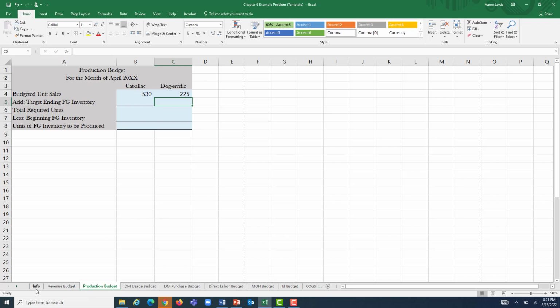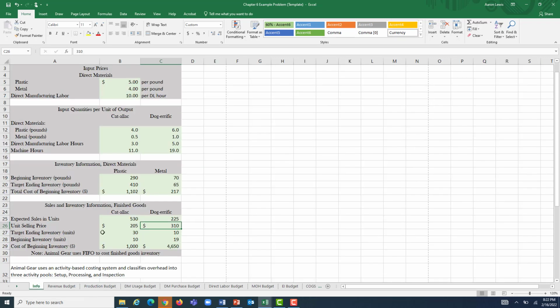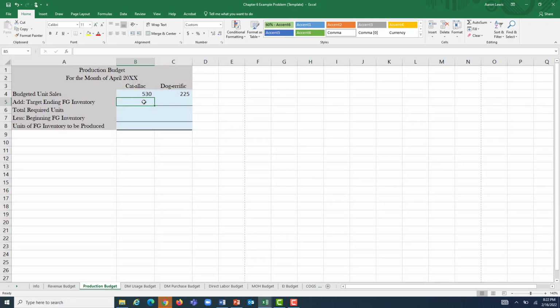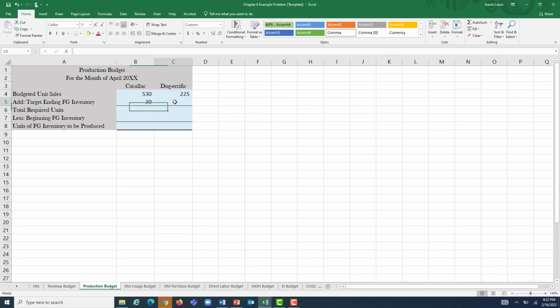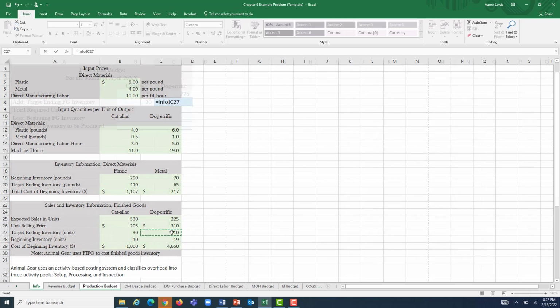And what is that little bit extra? Well, Animal Gear is saying at the end of the period, they also want to have 30 Cadillacs that are finished in inventory and 10 Doggerifics. So let me bring those numbers on over to my budget. We've got 30 Cadillacs and we've got 10 Doggerifics.